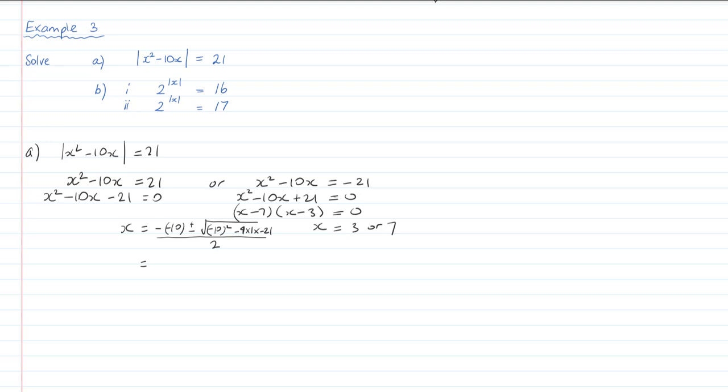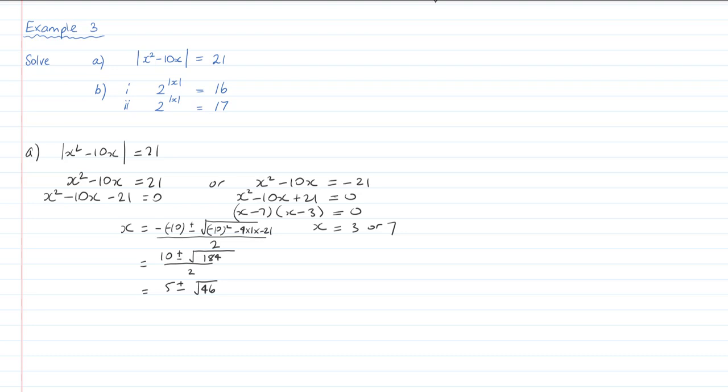That's equal to 10 plus or minus the square root of 100 plus 84, so the square root of 184, over 2. 10 divided by 2 is 5, and 184 does divide by 4 to give 46, so plus or minus the square root of 46. There doesn't seem to be much else we can do with that. There are no square number factors of 46. There's our solution, and we can work out what that is valued at if we want to. So there's our two solutions there.